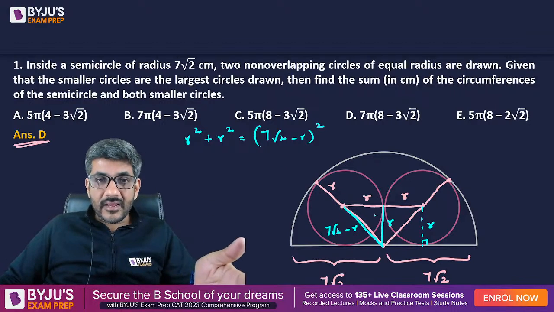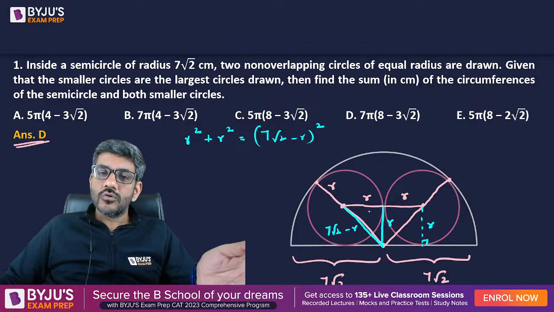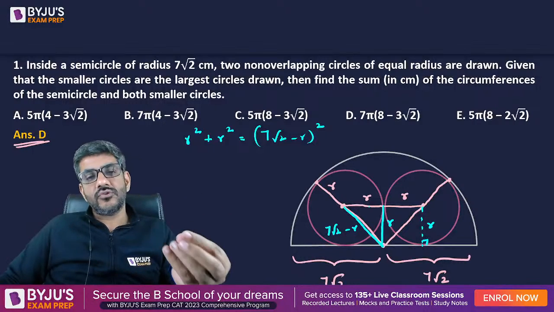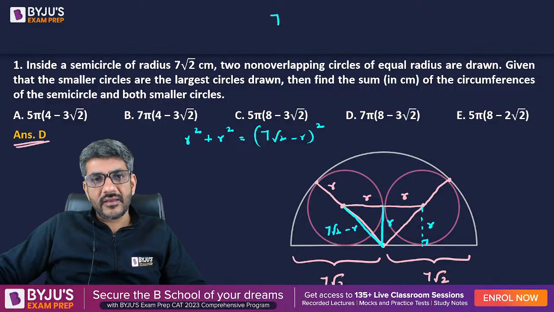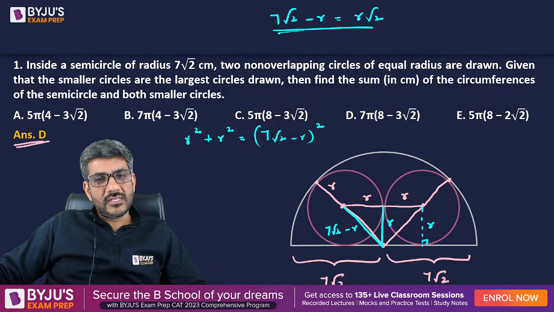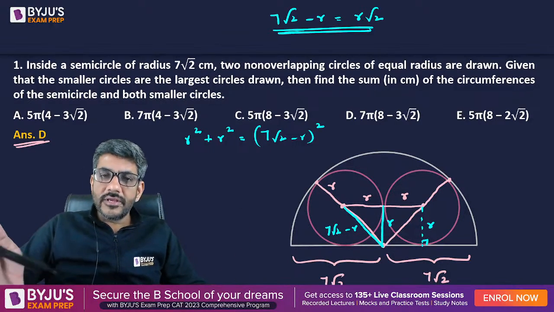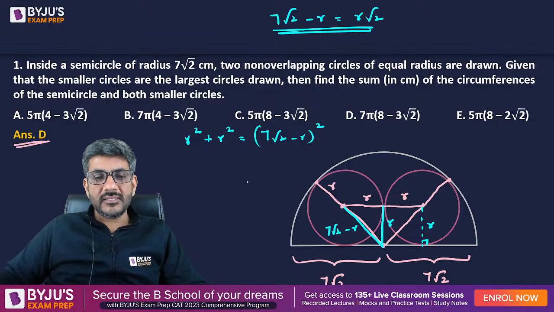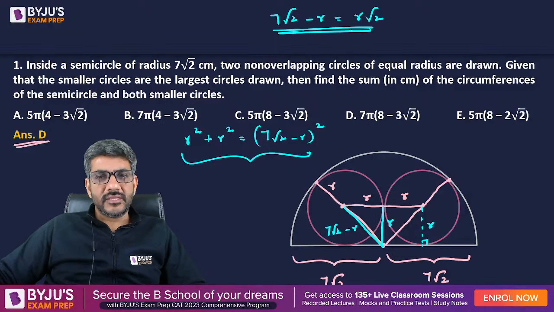It's a right angle triangle. If base and perpendicular are both r, in such a case hypotenuse has to be r root 2. So a direct way is this. I can say 7 root 2 minus r is equal to r root 2. I can say this directly. If you are not doing that, of course, in that case you can solve by this equation as well, whichever you feel right. This is a way of saying it, and that is also a way.